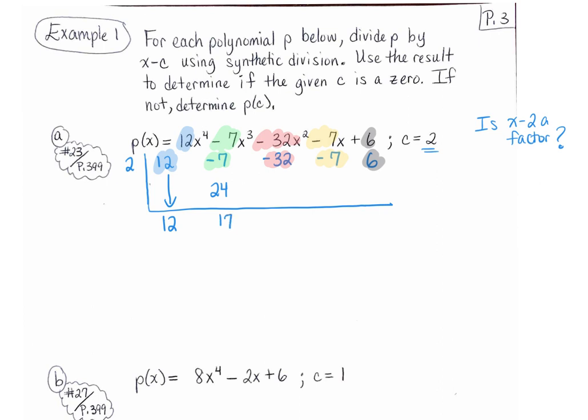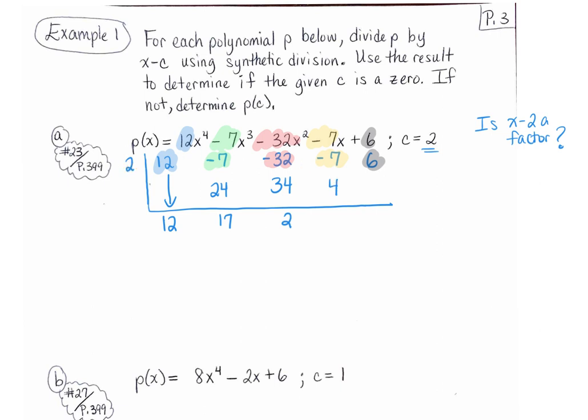And then 17 times 2. So again, you're multiplying here. 17 times 2 is 34. So you put the 34 here. Add. You get 2. Then 2 times 2 is 4. Put the 4 here.